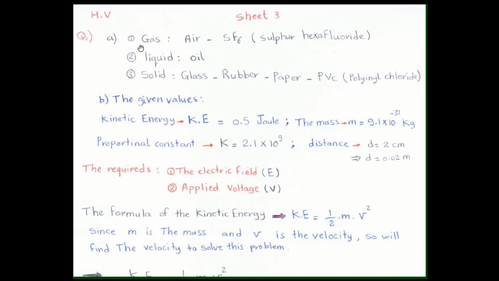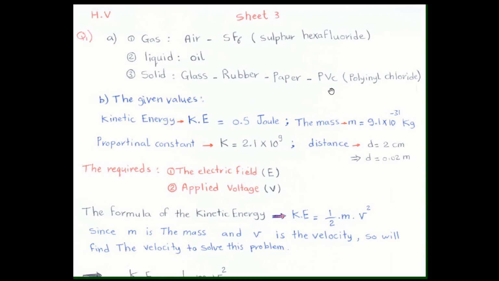The second material is liquid; we always use oil. And the third is solid, such as glass, rubber, paper, and PVC, which is a cable type. So the first part of this question is done, simple and easy: the different electrical insulating materials are gas, liquid, and solid, and we gave some examples.